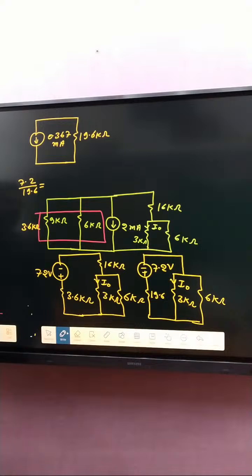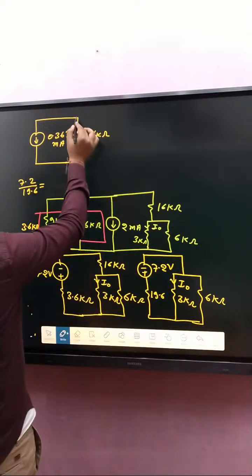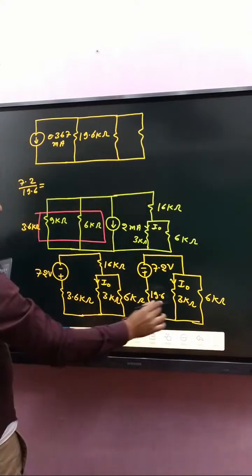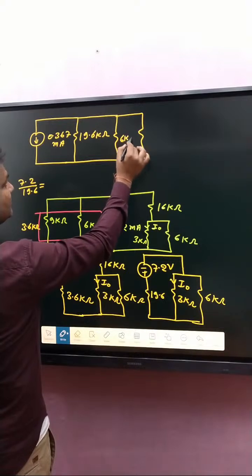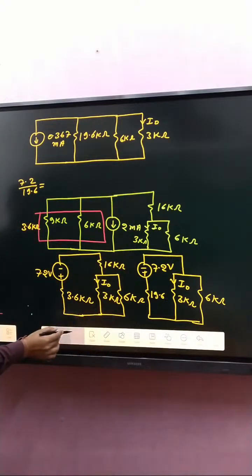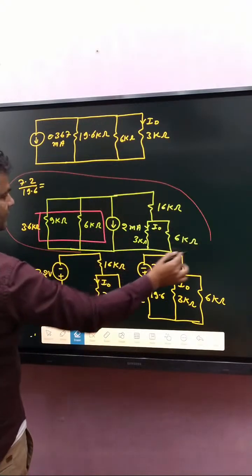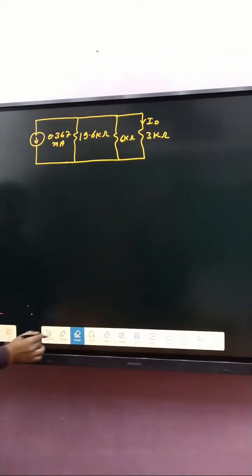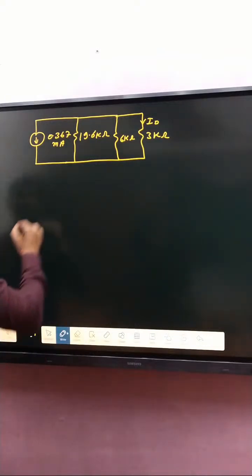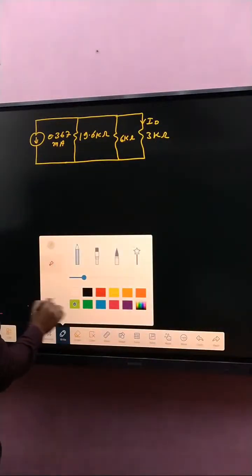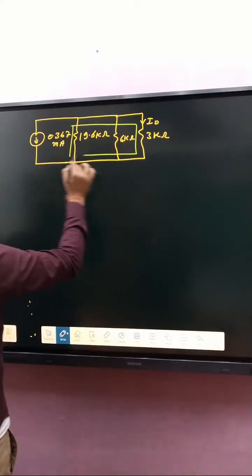Okay. After that, these two resistances are in parallel, that is 6 kilo ohm, and that is 3 kilo ohm, and our target is I naught. So if you remove that one and that one also, you see very carefully, these two are in parallel.